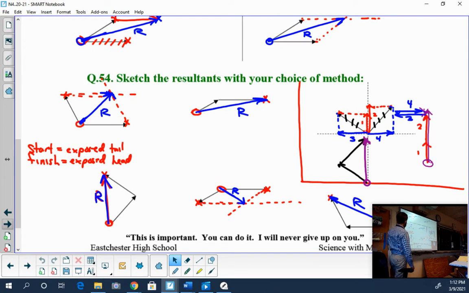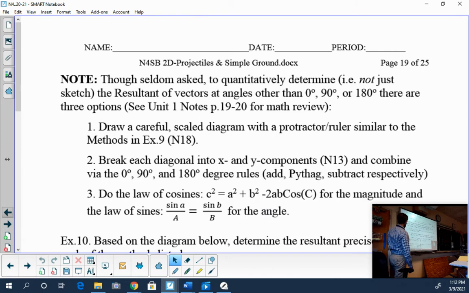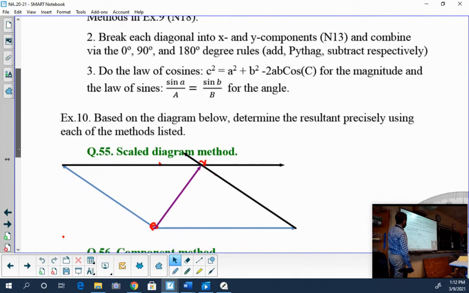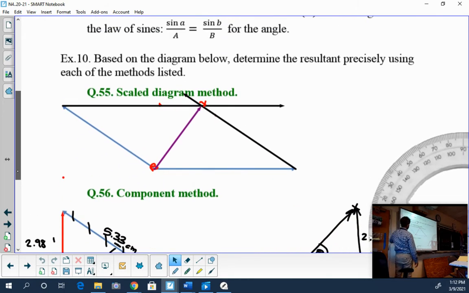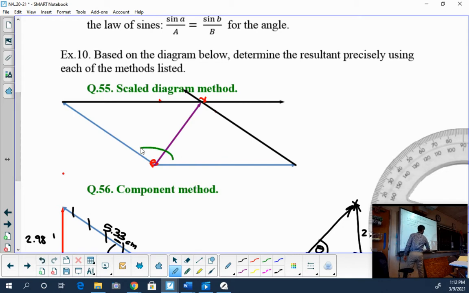Now, additionally, in Unit 4, we talked about how to solve a big drawing, which you're going to see in the homework. So the blue arrows here were the original. I gave you 3 different versions of it. Scaled diagram method, which you just measure everything out real carefully. And you repeated the angles. So this angle, you brought your protractor over.